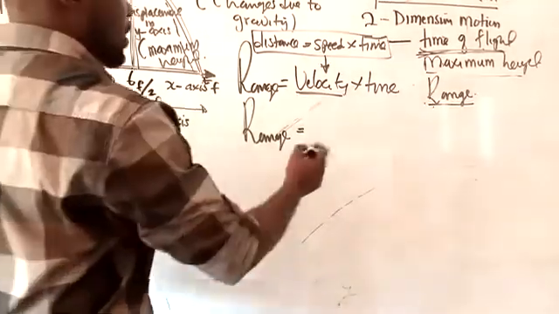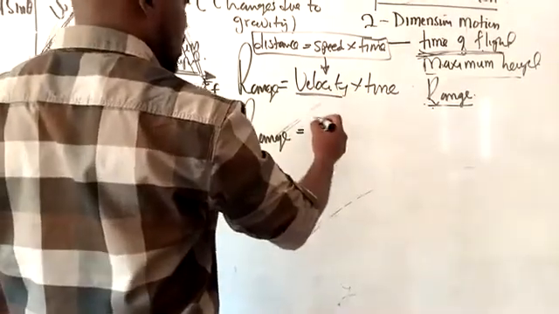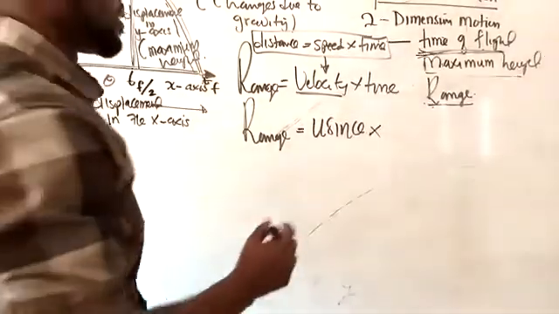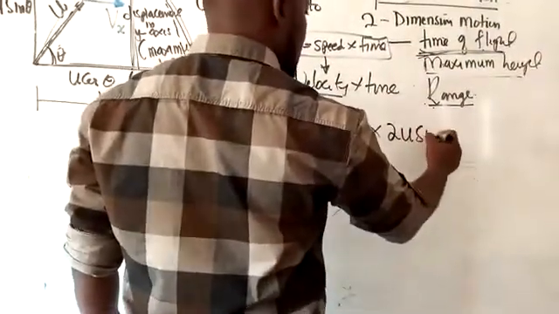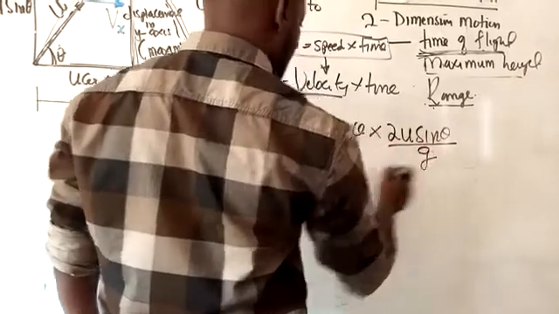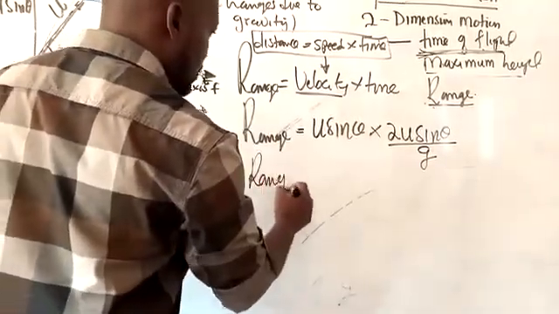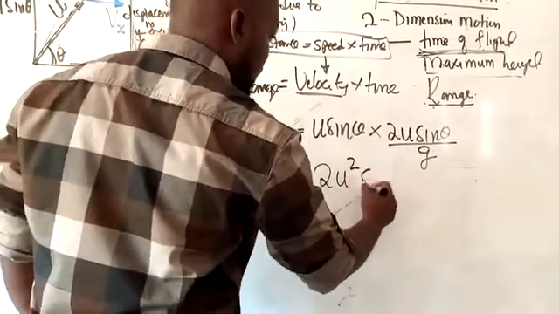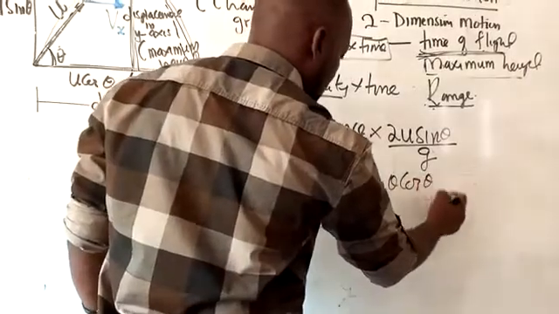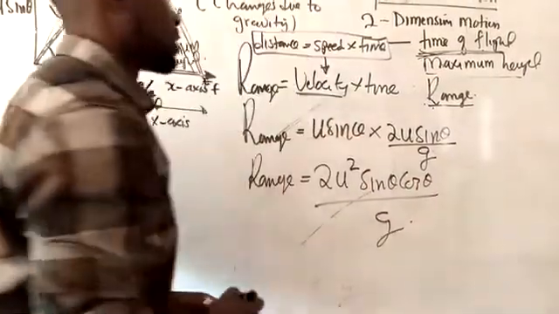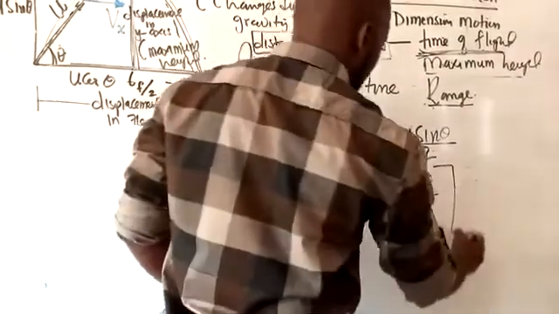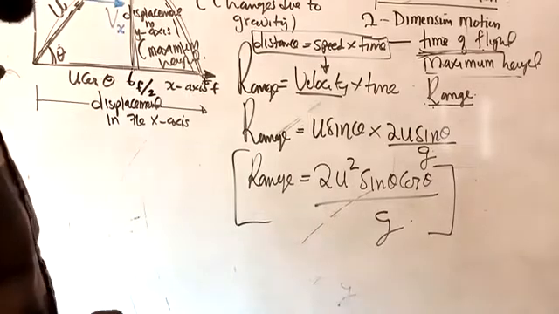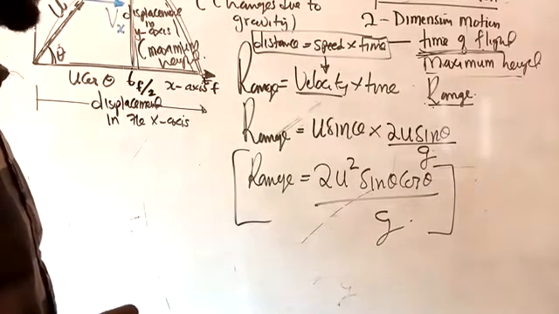In the x, we have u cos theta, and to cover this distance, you need the time of flight, which is 2u sine theta over g. So you have the range being equal to this and this multiplied, so you have 2u squared sine theta cos theta over g. This constitutes the range of our journey, which is the x-axis displacement.